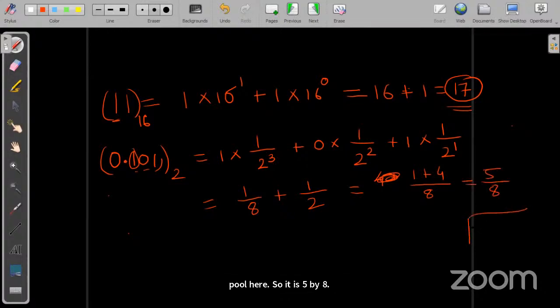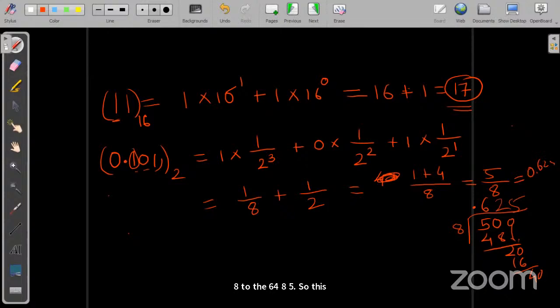If you do the division of 5 by 8, you get 0.625 in decimal representation.